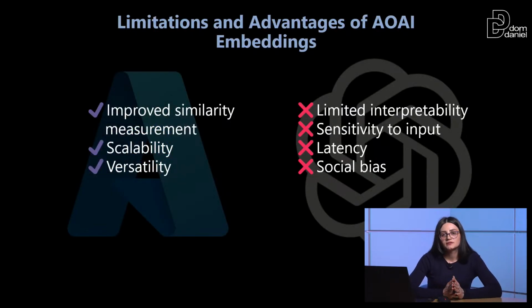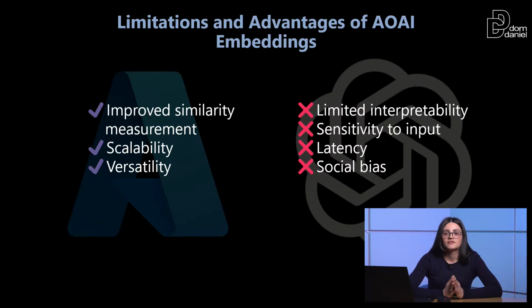As we are exploring OpenAI embeddings, it is necessary and essential to consider advantages and disadvantages of these language representations, which can help us to make informed decisions on how to use these embeddings in our projects and applications.